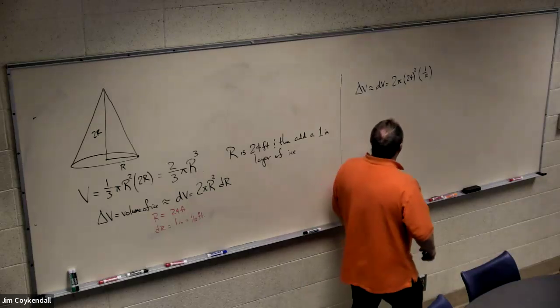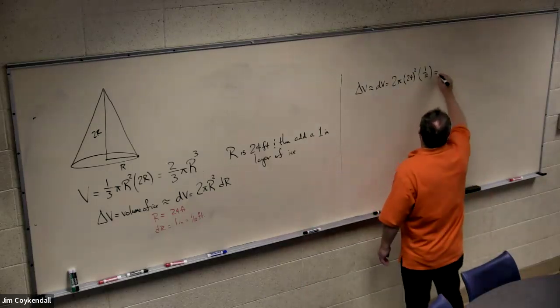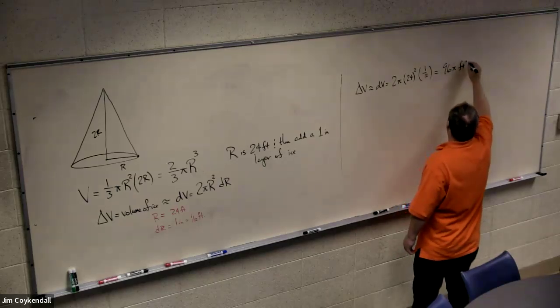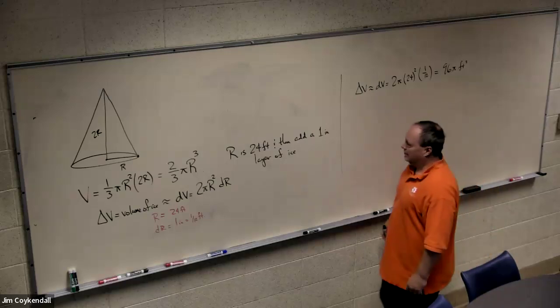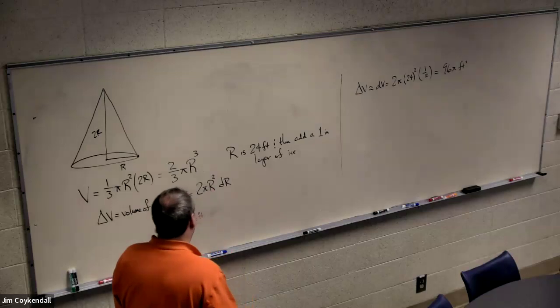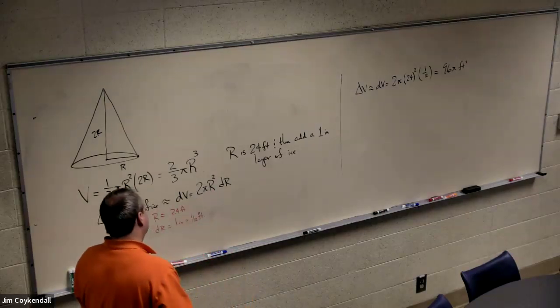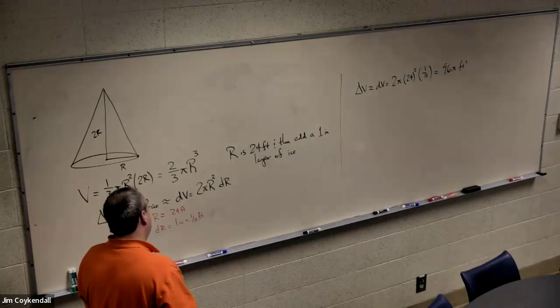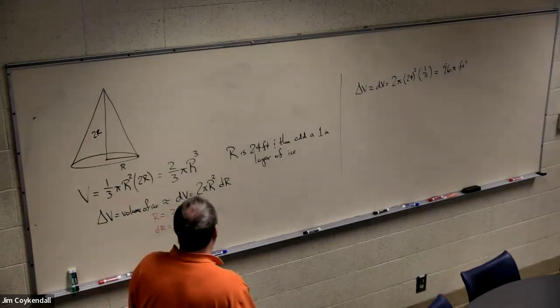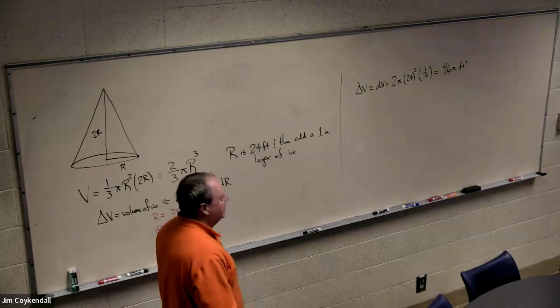So that's going to be 48/12... so I get about 96 pi. It's a lot of cubic feet in it, but 96 pi.